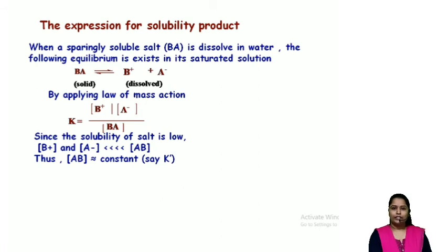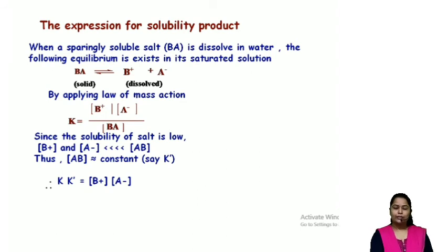Therefore we say that concentration of AB is equal to K'. The above expression becomes K equals concentration of B+ into concentration of A- upon K'. Therefore K into K' is equal to concentration of B+ into concentration of A-.